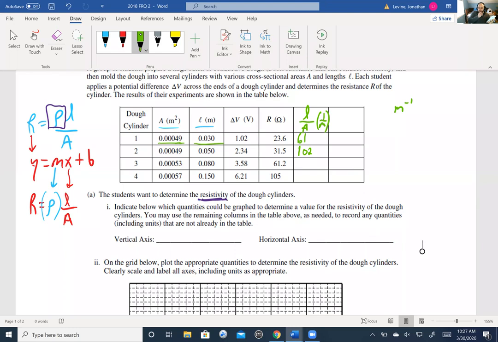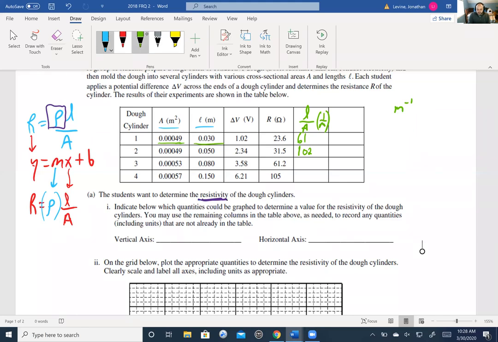Ooh, I just figured out an issue with this. What's wrong about this whole thing? What are we doing actually here? We're applying different voltages. Should that matter? Actually, no, because that'll be accounted for in the fact that the resistance is different. No, we're good. Sorry, I was just looking at this and I was like, wait a second.